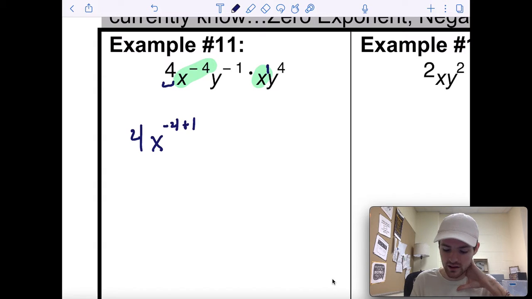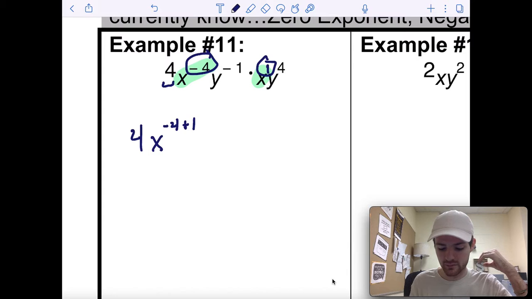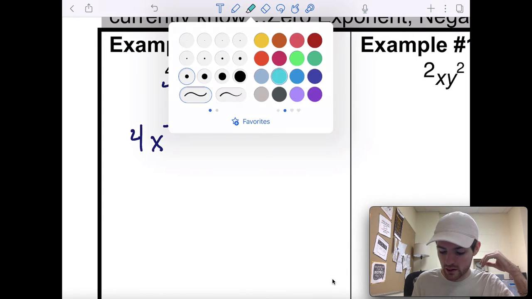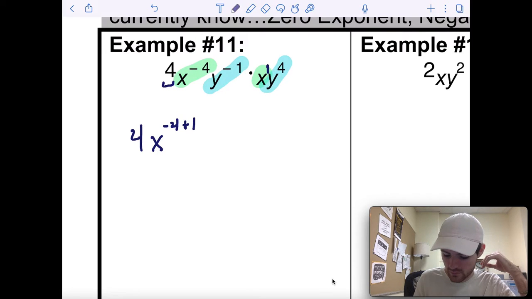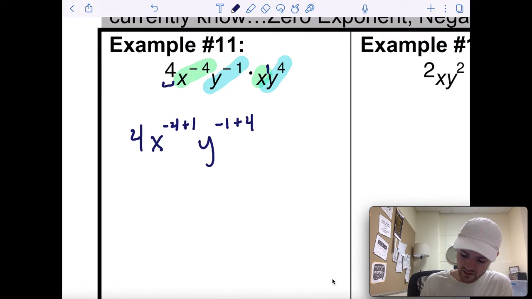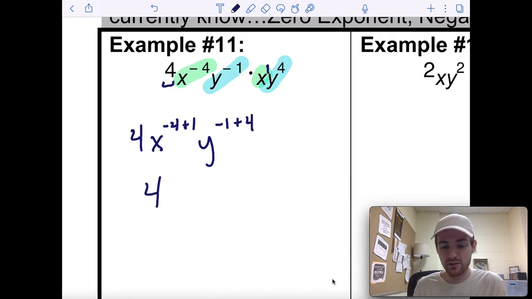So here I'm taking the -4 and the 1, adding them together. Let's do the same thing with y. I have -1, and then I have +4. So I'm adding those together. When I simplify these, I'll have 4. -4 plus 1 gives us -3. -1 plus 4 gives us +3.